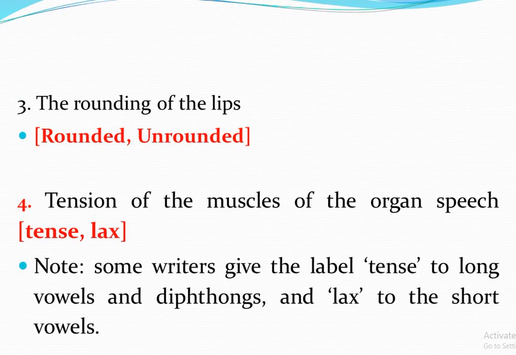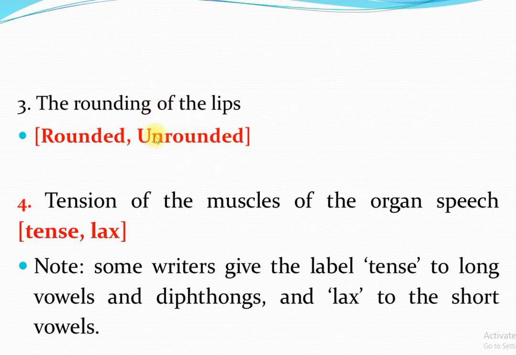The lips are also important. They occupy the second most important position in pronouncing vowel sounds. The first most important organ is the tongue, and the second is the lips. So the lips can be rounded or unrounded. Rounded when we want to produce sounds like oo and o, long and short.